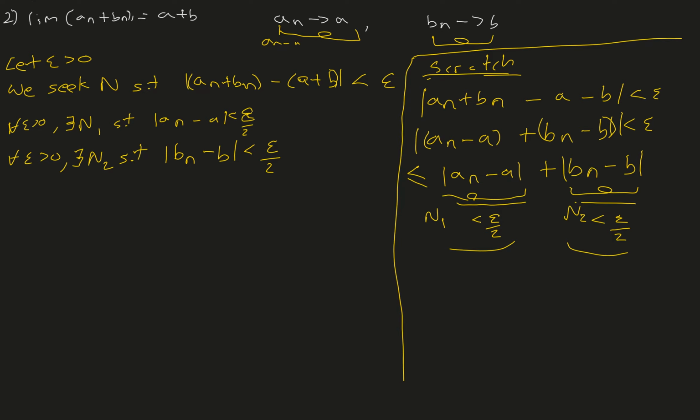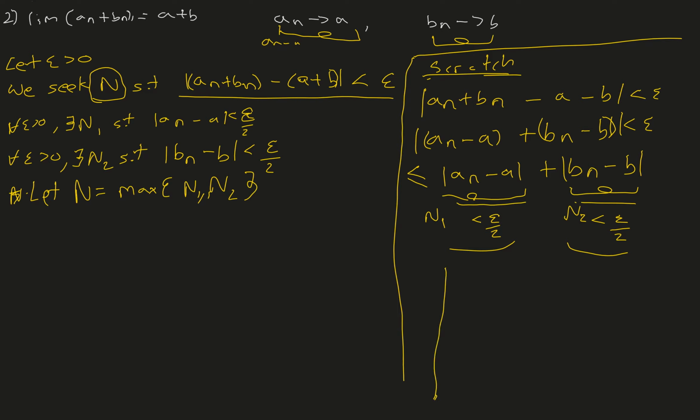So we seek one n such that this is true. I'm going to say let n equal the maximum of n1 and n2.